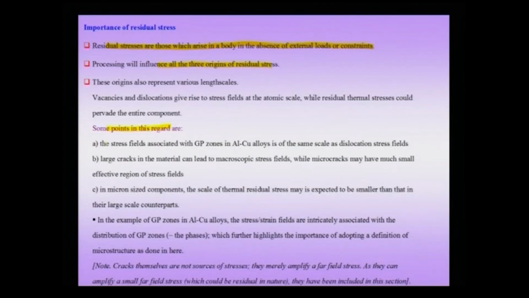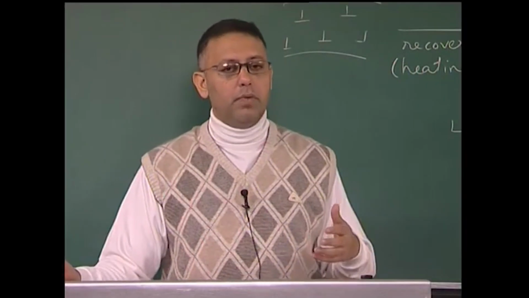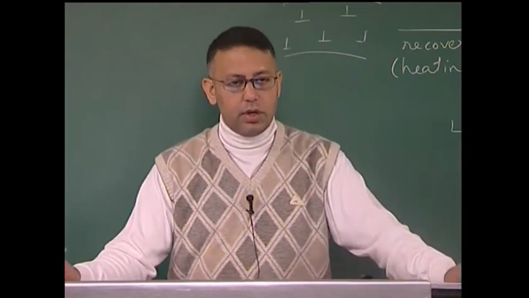The stress fields associated with GP zones in an aluminum copper alloy, for example, are at the same length scale as the dislocation stress fields. Now, GP zones, as we know, are copper rich zones in an aluminum copper alloy, which come about when you age a supersaturated solid solution.